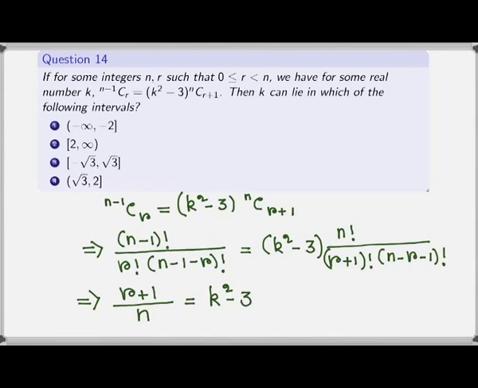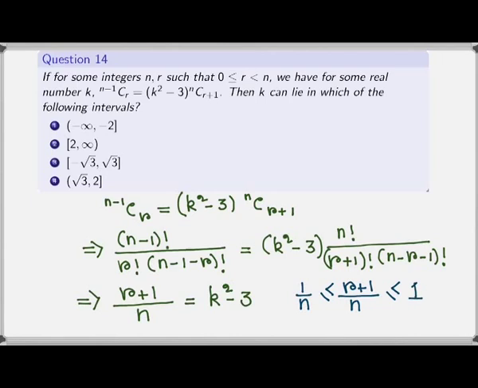Now note that we are given 0 is less than or equal to r and r is strictly less than n. So putting the values r equal to 0 and r equal to n−1, we get 1/n is less than or equal to (r+1)/n, and this is less than or equal to 1.